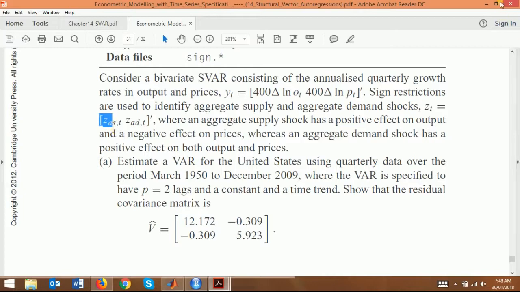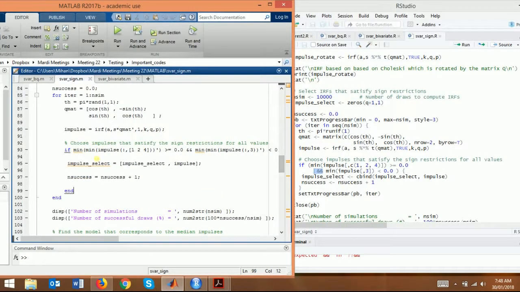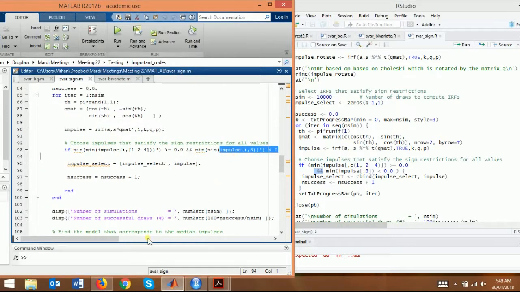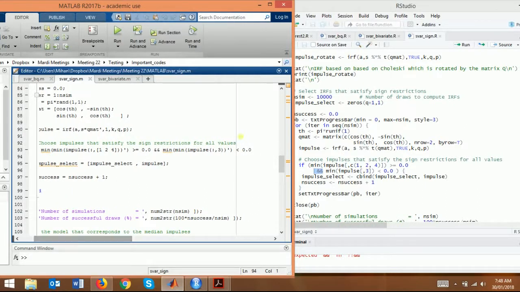So the third element is negative, everything else is positive. That is what the logic here is. Very simple. 1, 2 and 4, if they are greater than or equal to 0, and the third one, minimum of that impulse, I'm taking the minimum twice, is less than 0.